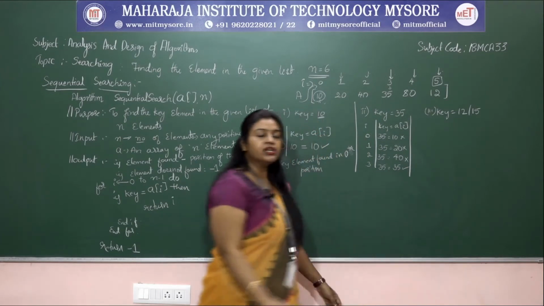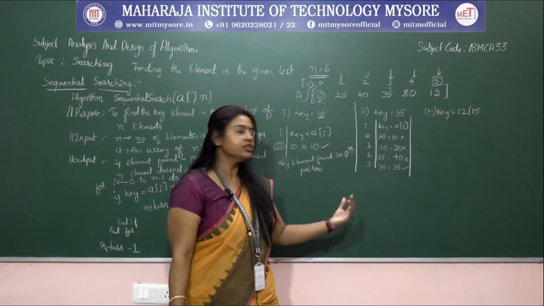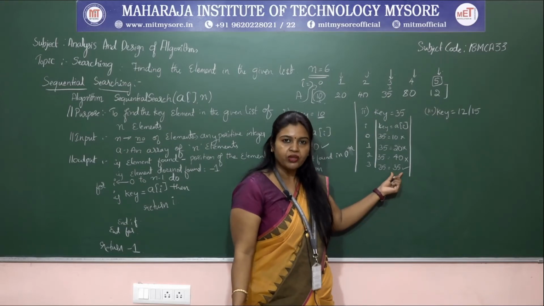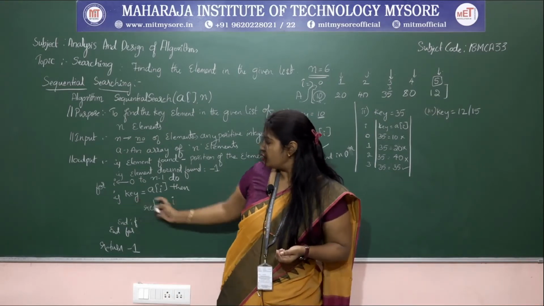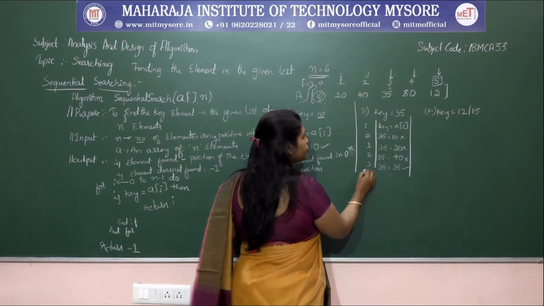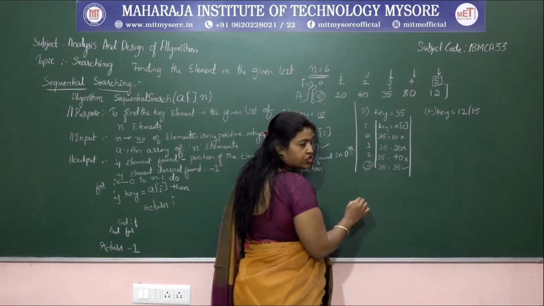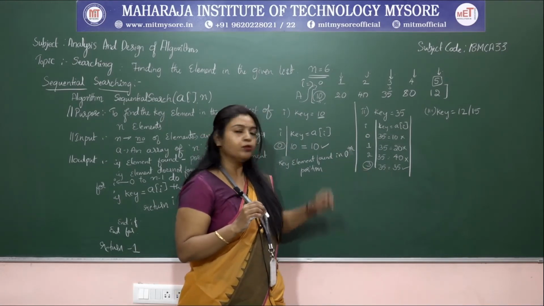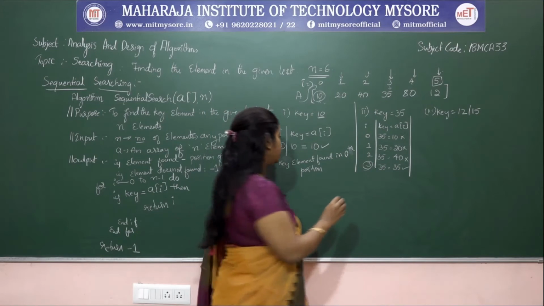Yes, we have found the element. So the matching is done. 35 is equal to what? 35. That is true. If it is true, what is the action? We need to return I. So we are going to return what? The I position, saying 35 is present in the third position, right?